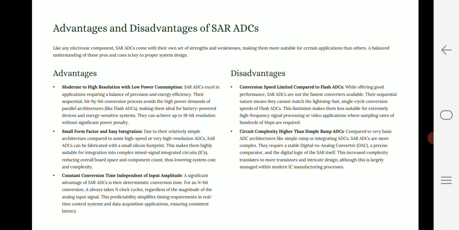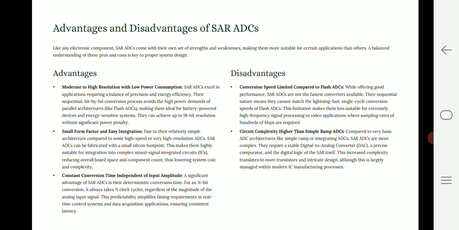And coming to the circuit complexity higher than the simple ramp ADC. Of course, a major disadvantage compared to the ramp ADC is the circuit complexity. When we design an ADC in terms of SAR, there is more complexity because it requires a stable digital to analog converter, more number of DACs we need to use, a precise comparator, and the digital logic SAR itself.